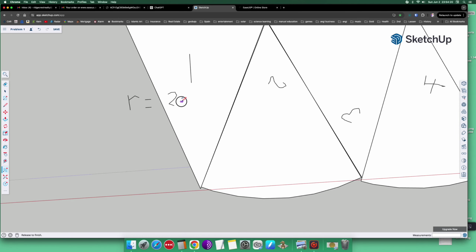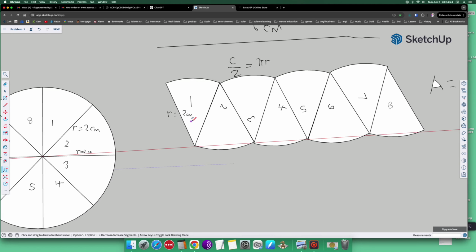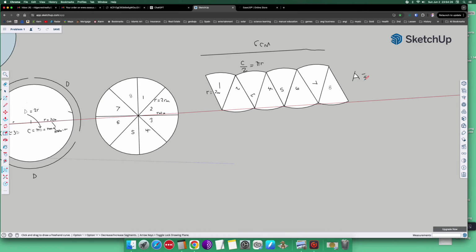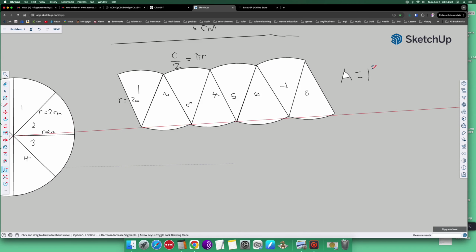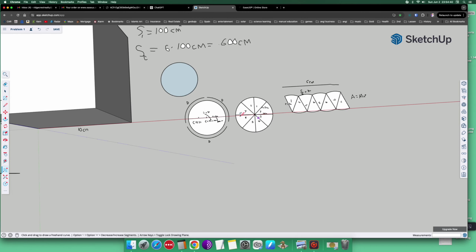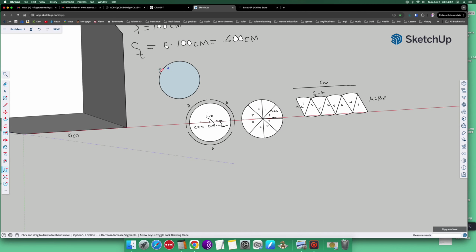Remember, this is 2 centimeters, so what we have is 2 centimeters times 6 centimeters. So we ended up having 12. You see that? Centimeters what? That's right, squared. Okay, so that's good. So now we know that the area of this circle here is 12.